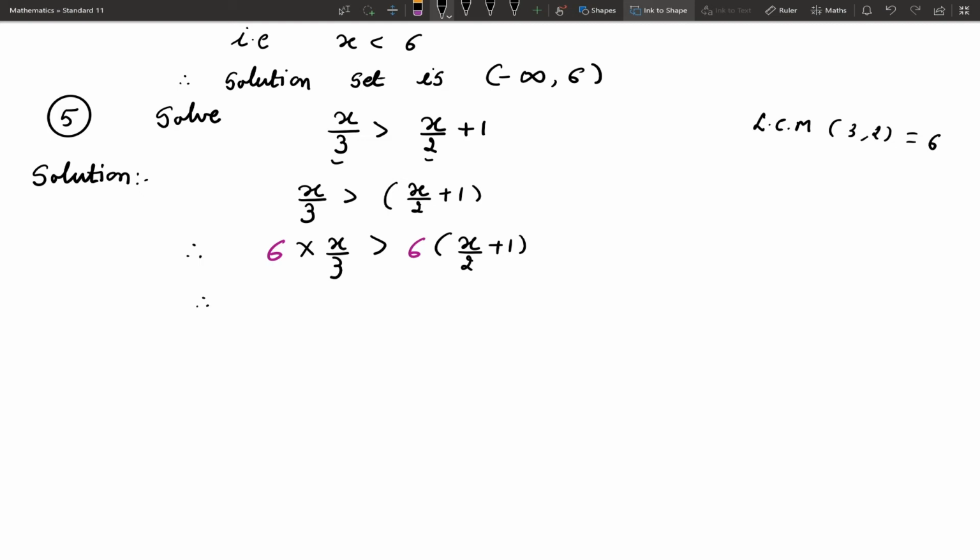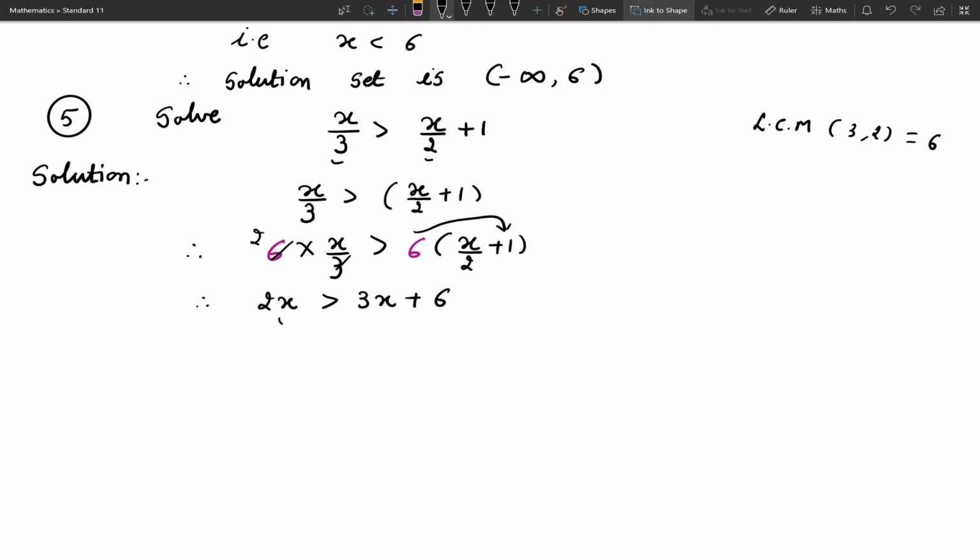Now simplification: 3 2s are 6, so 2x greater than 2 3s are 6, so 3x plus 6 into 1. Just simplification. So 2x greater than 3x plus 6.